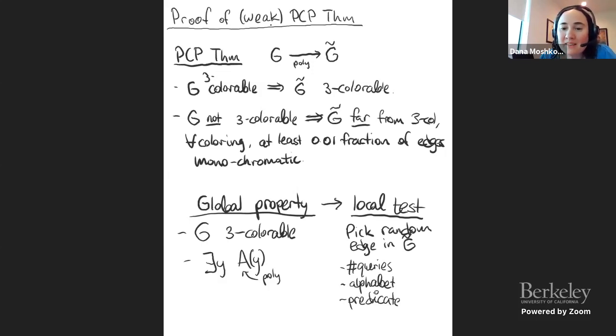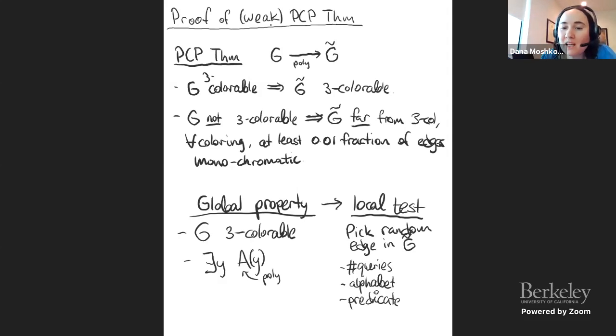Okay, but if you want to put here something very close to 1, you can, but then the number of queries, the alphabet, and the predicate should be adjusted accordingly. And the amazing thing is that you can keep the number of queries at 2, and you increase the alphabet.